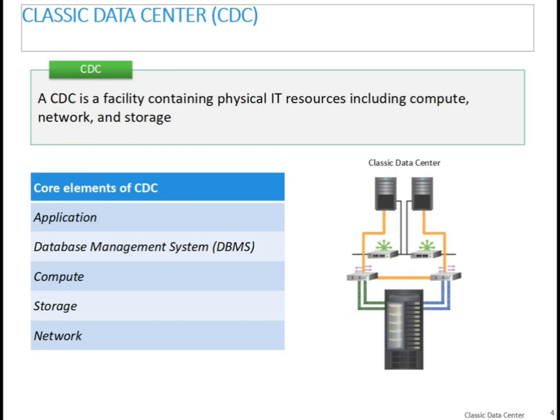These core elements are typically viewed and managed as separate entities, but all these elements must work together to address data processing requirements. Other elements of classical data center are power supplies and environmental controls, such as air conditioning and fire suppression.